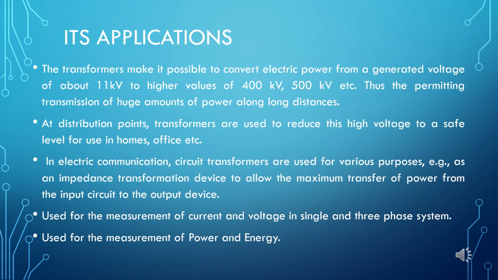Also, at distribution points, transformers are used to reduce this high voltage to a safe value for use in homes, offices, etc. In electric communication circuits, transformers are used for various purposes, for example, as an impedance transformation device to allow the maximum transfer of power from the input circuit to the output device. Transformers are also used for the measurement of current and voltage in single and three-phase systems. They are also used for the measurement of power and energy.